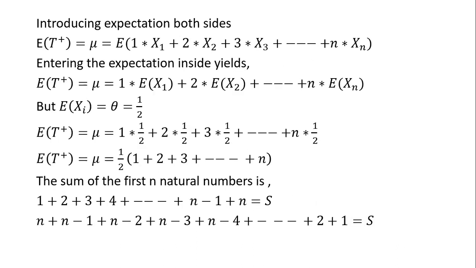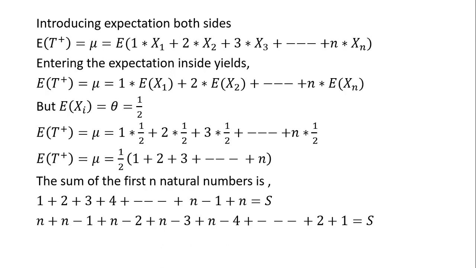When we introduce the expectation on both sides, we have E of T plus, which is the mean, equal to E of 1 times x1 plus 2 times x2 plus 3 times x3, up to n times xn. Entering the expectation into the expression gives us 1 times the expected value of x1, plus 2 times the expected value of x2, up to n times the expected value of xn.